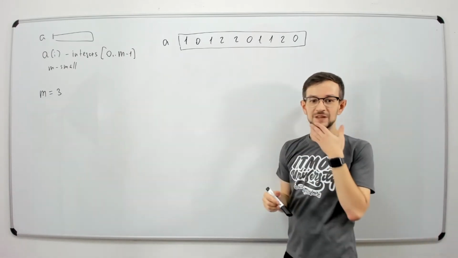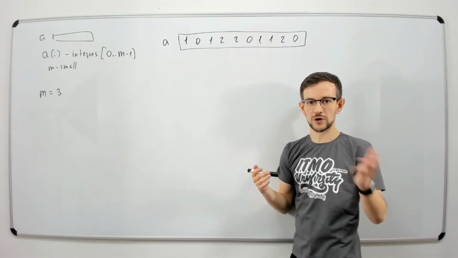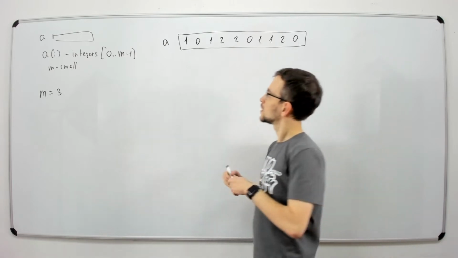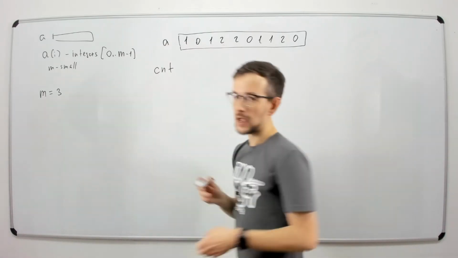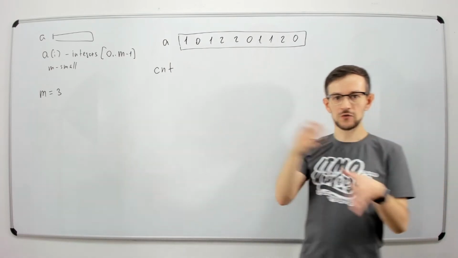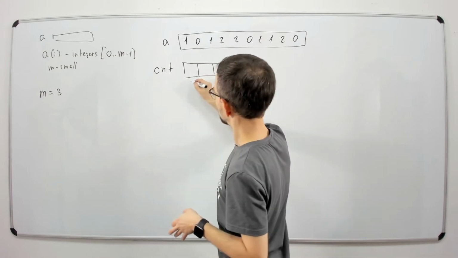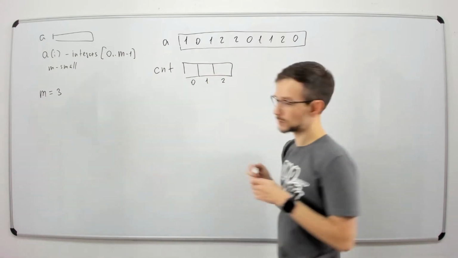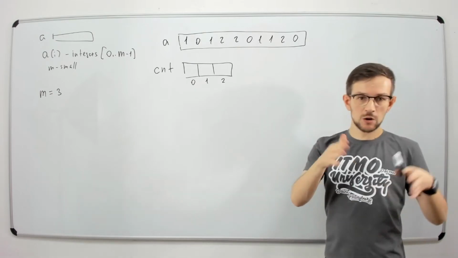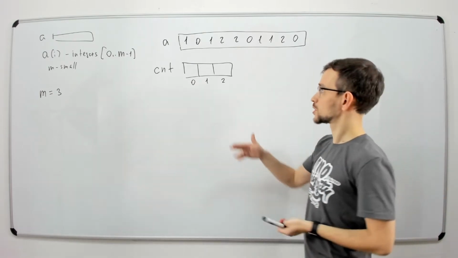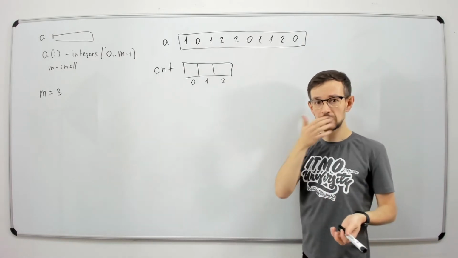Yes, the simple idea is just to count the number of occurrences of each element. So we create an array, let's say C, and we will just count the number of each value. So we'll count the number of zeros, the number of ones, and the number of twos. How can we count the number of elements in linear time? So we just go from left to right, and each time we increment the corresponding counter.